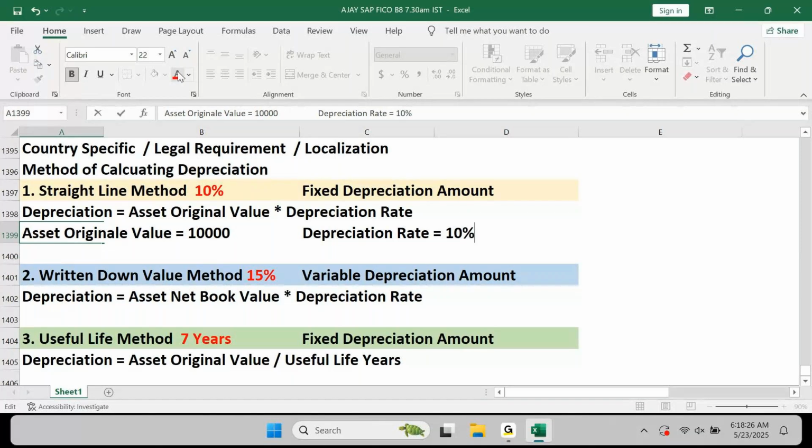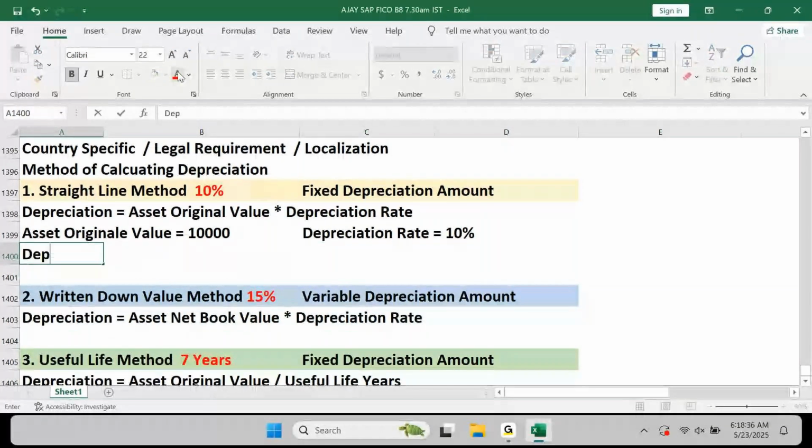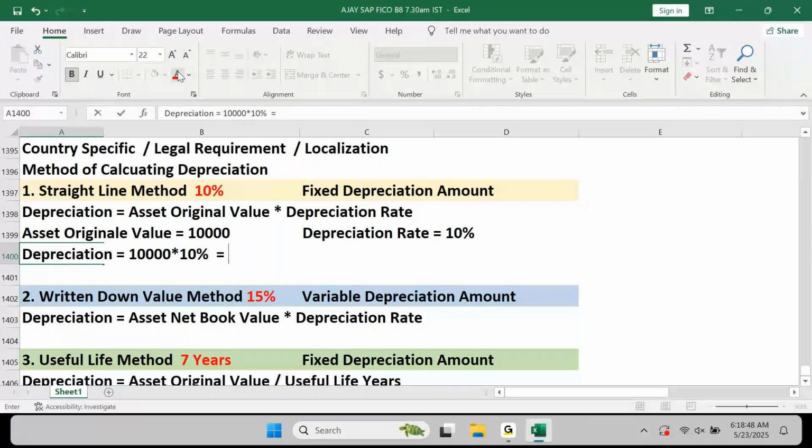Now if you put depreciation, can I simply write depreciation is equal to 10,000 multiplied by 10% or 10 divided by 100? This is 1000. Is this 1000 calculation clear for everyone? Yes, sir. This is a straightforward calculation which you have to remember.